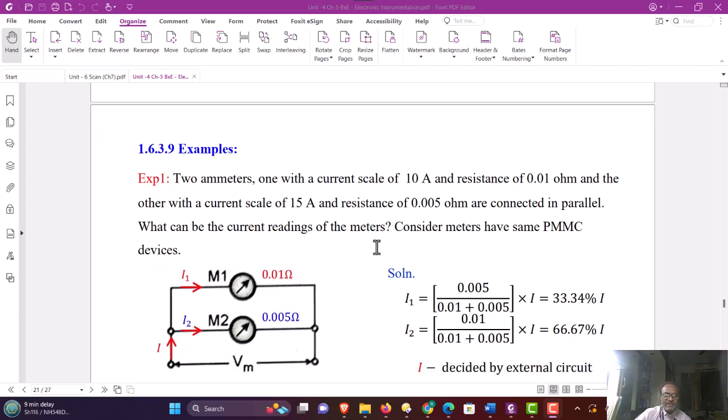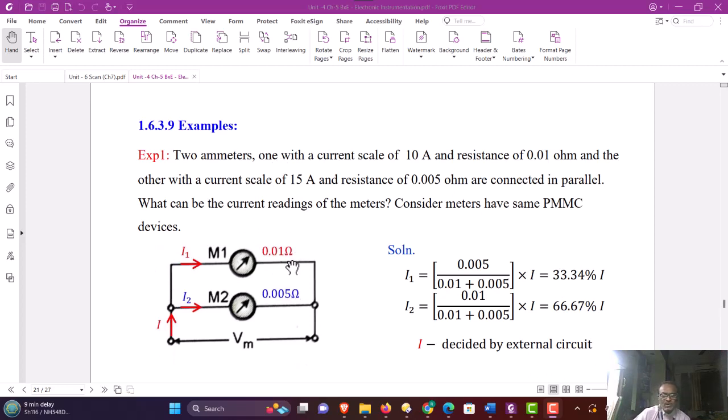Typical examples are shown here, sometimes asked in the exam paper. For example, if two ammeters M1 and M2 are connected in parallel with two internal resistances, meter 1 has an internal resistance Rm1 of 0.01 ohm and the other ammeter has an internal impedance of 0.05 ohm, then what will be the total current I flowing through the circuit?